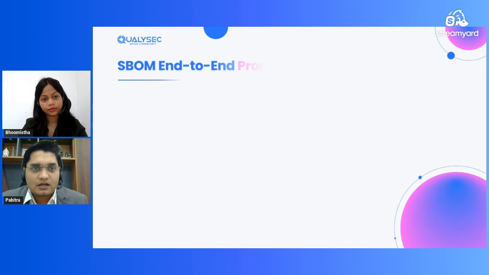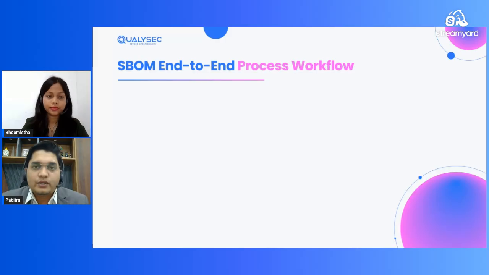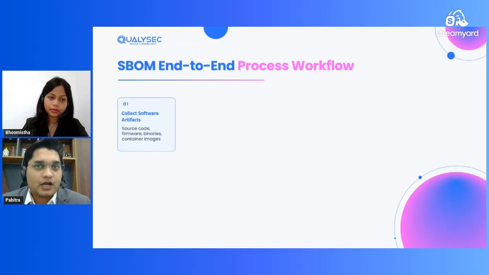So let's understand this SBOM end-to-end process: how an SBOM is usually built, where we take the information from, and how the process flows. It starts with collecting software artifacts. In the cybersecurity world, we usually say we can't secure something that we can't see. If you don't know what software components are there, we cannot make it secure.